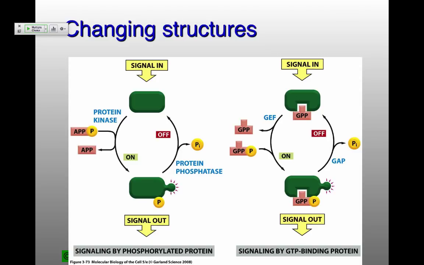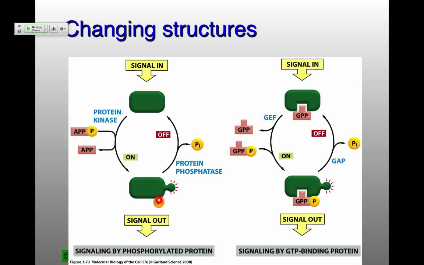Again, it's a change that happens through a covalent modification, again through addition or removal of a phosphate. This happens, again, through the activity of kinases and phosphatases. You add a phosphate 99.9% of the time from ATP.